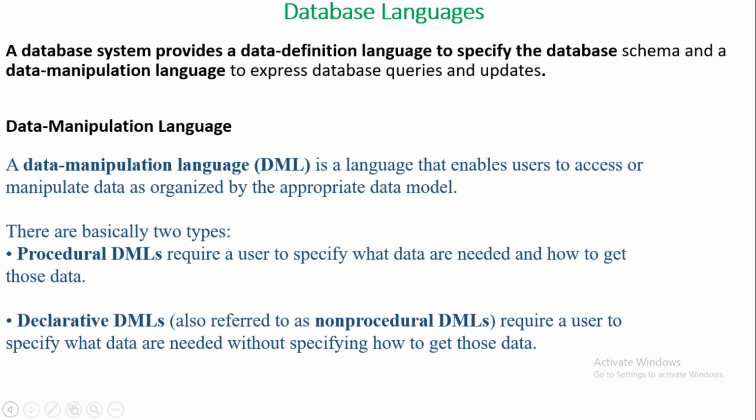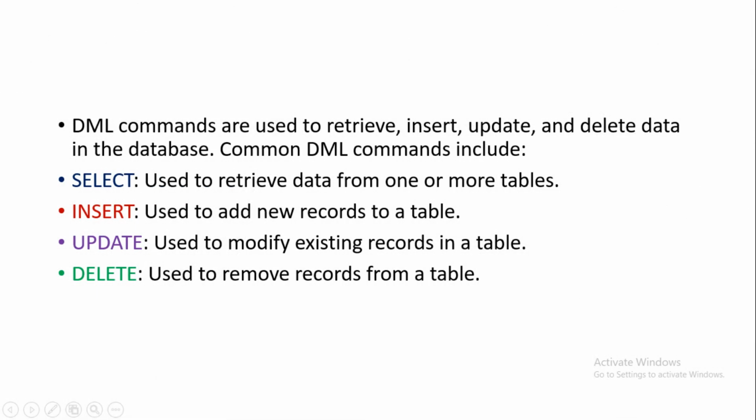Two types of DMLs exist: procedural DML and declarative DML. Procedural DML requires a user to specify what data are needed and how to get those data. Declarative, also referred to as non-procedural DML, requires a user to specify what data are needed without specifying how to get those data.